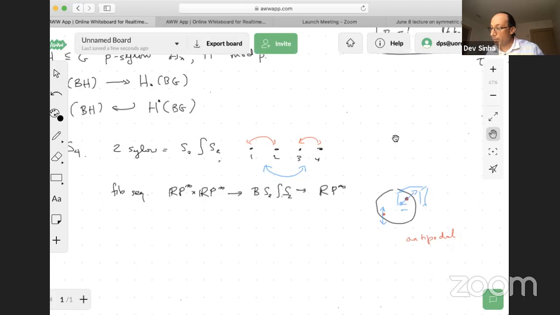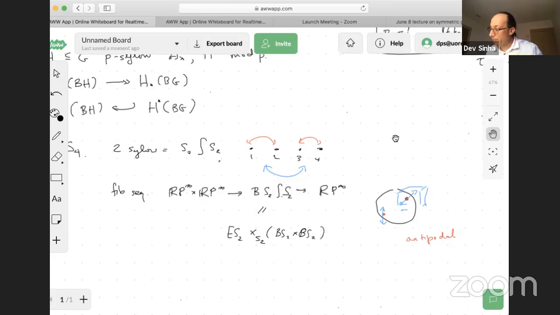And so the other way to think about it is that this is the same as ES2 crossover S2 with BS2 cross BS2.